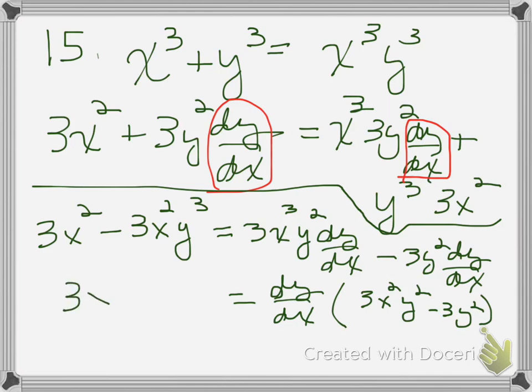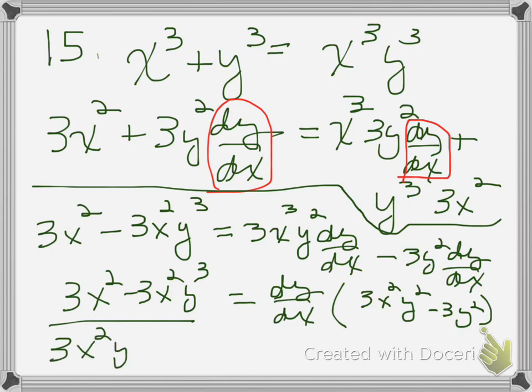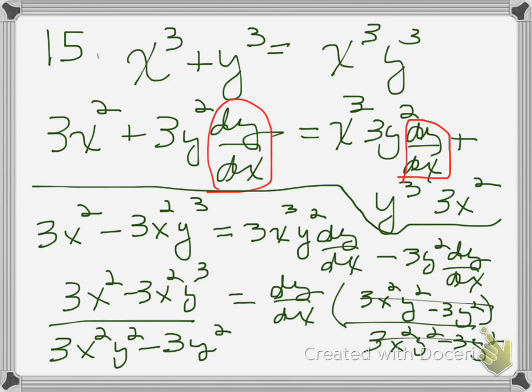And over here I have 3x squared minus 3x squared y cubed. Divide that by 3x squared y squared minus 3y cubed, because I just divided through by this. That went away, and I believe this is the best you can do with this problem.